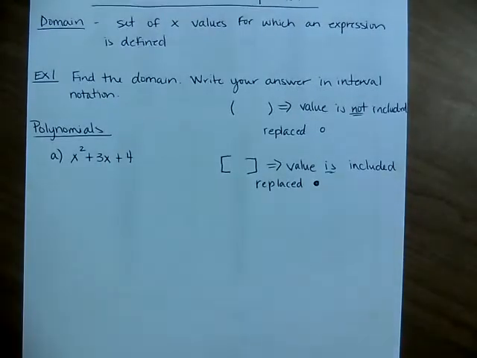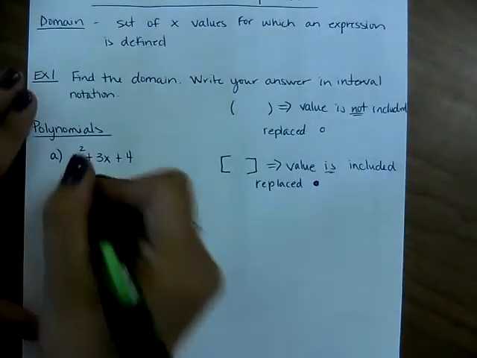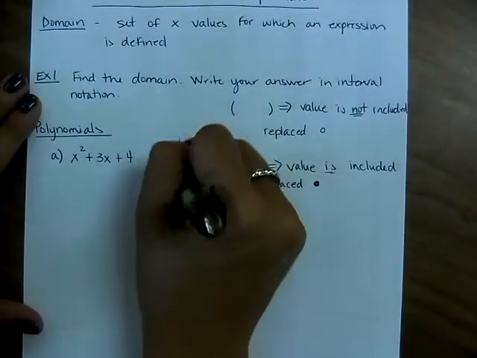Now remember, when you're talking about domain, you're thinking about what x is allowed to be, or sometimes you can think about what it's not allowed to be. So is there anything that I'm not allowed to plug into this expression? Like, think about negative numbers, positive numbers, zero, fractions, like anything. Just think about big and small, whatever. Any type of number.